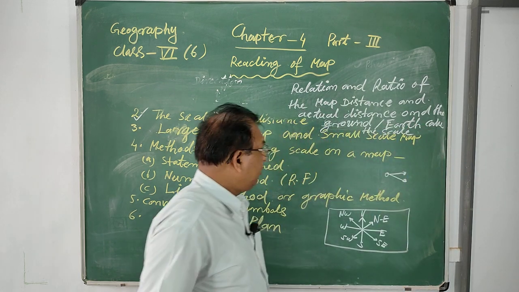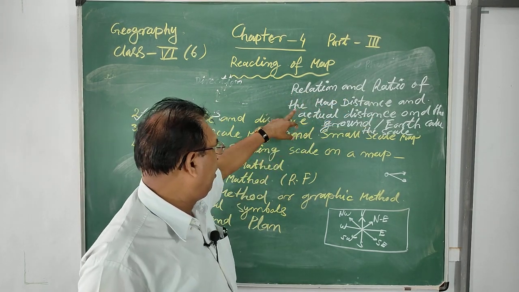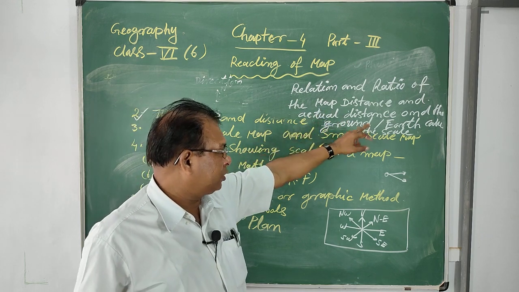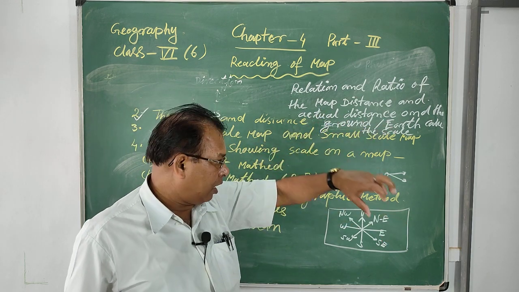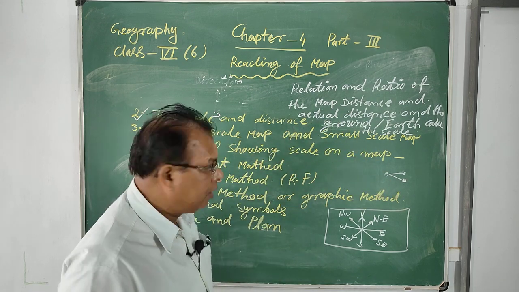What is the scale? That means the relation and the ratio of the map distance and the actual distance measured on the ground or the earth is known as the scale.